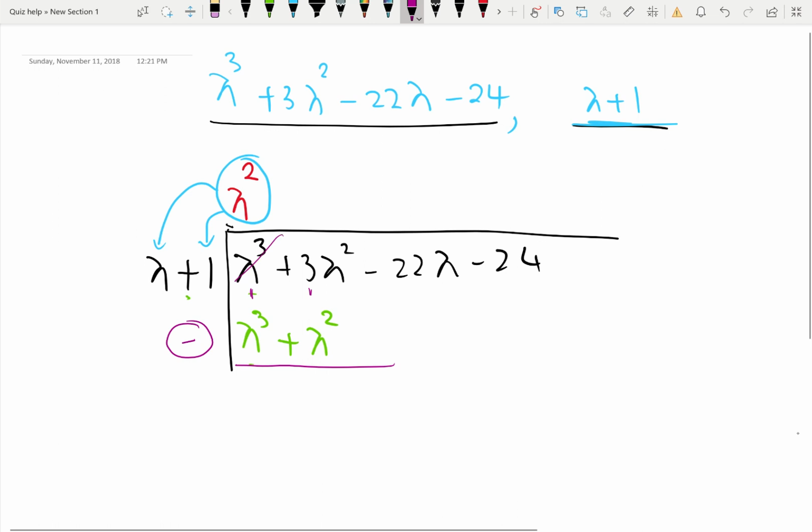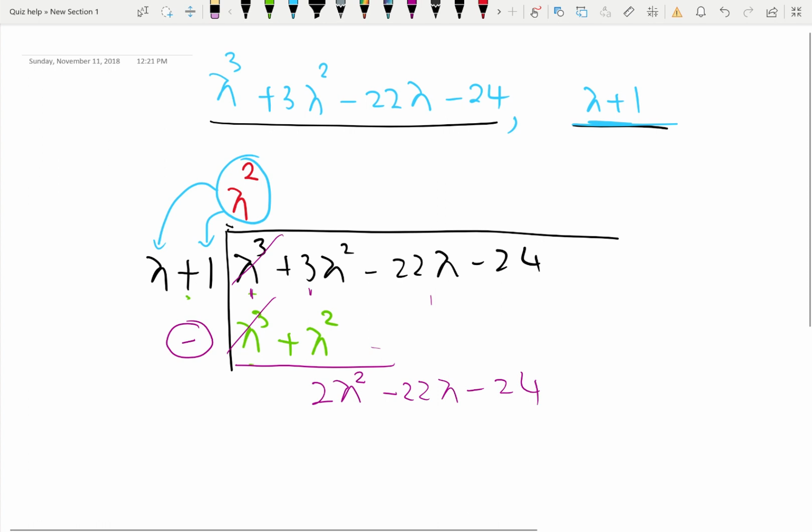Usually these two terms always cancel out, the same term, lambda cubed minus lambda cubed gone. 3 lambda squared minus lambda squared is 2 lambda squared. Well, that was an easy subtraction. I will show you a tricky subtraction in the future, so be with me until the end of this video. Now here you have nothing, but take these terms, they come for free: negative 22 lambda minus 24. It's like you had 0.